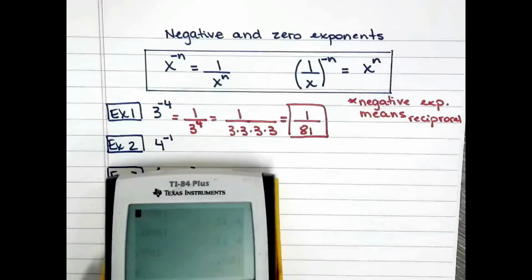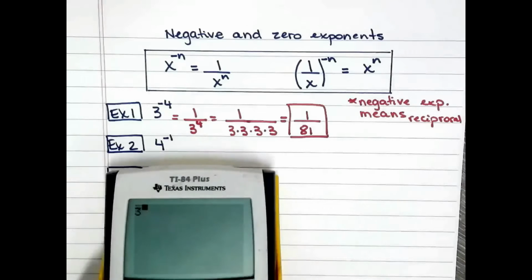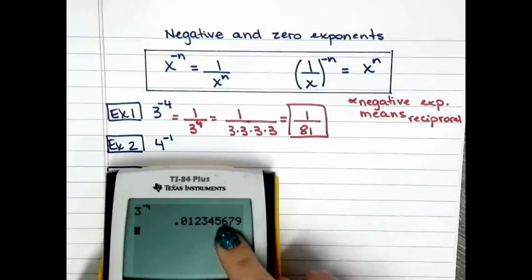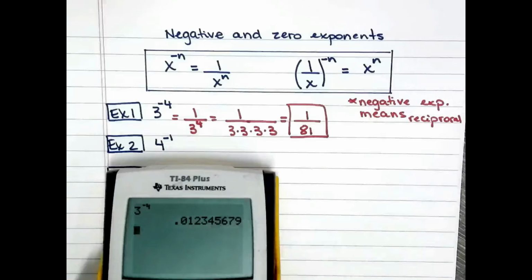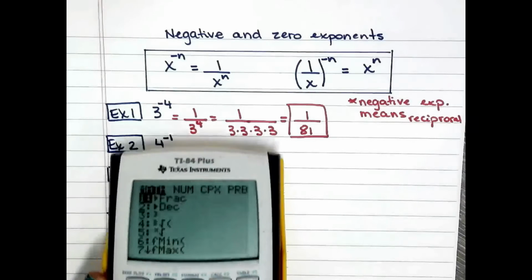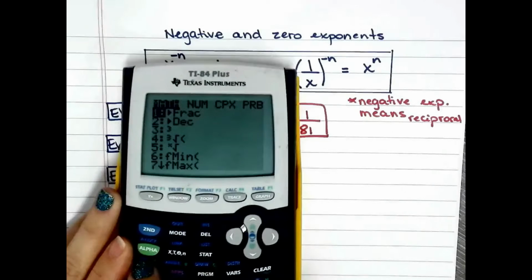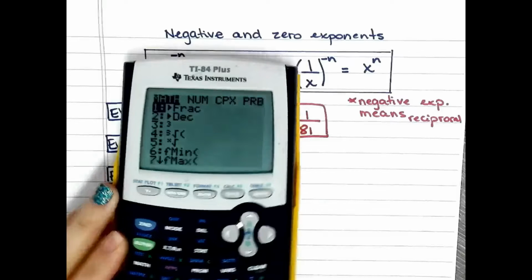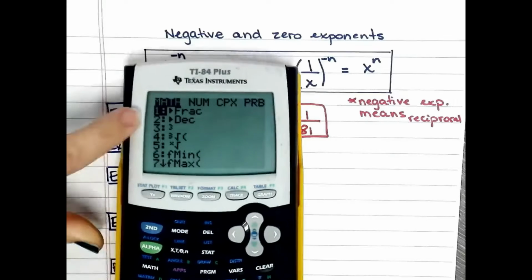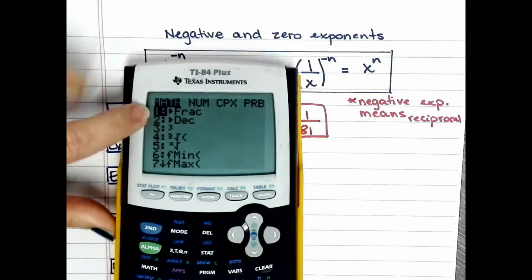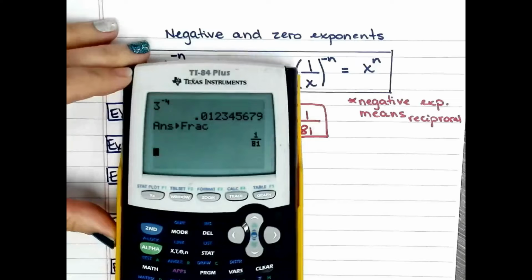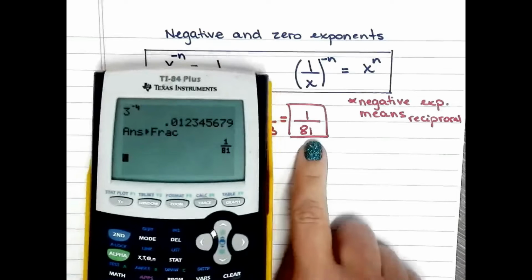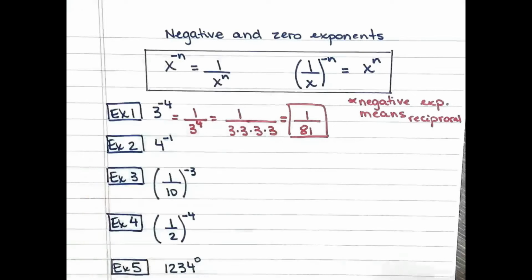Well, we have 3 raised to the power of negative 4. If you go to the Math button right there, right under Alpha, the first option will change that into a fraction. Fraction, enter. Ta-da! Magic.